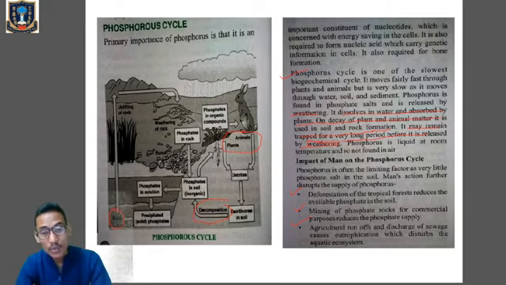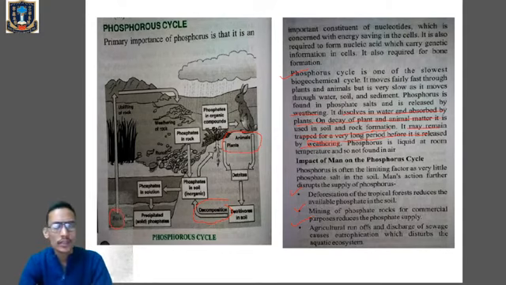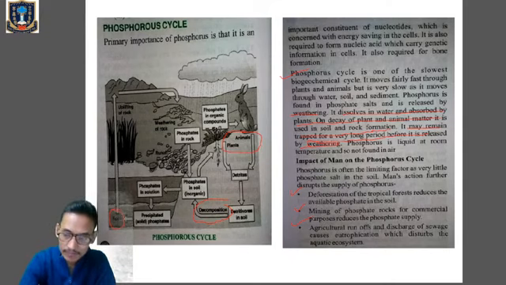That is called eutrophication, and it is simply caused due to the enrichment of the water body by nutrients. Clear? So whenever there is agricultural runoff, the fertilizer that we use in the agricultural fields will be washed away to the nearer water body, which leads to eutrophication. And this eutrophication will disrupt the aquatic ecosystem, leading to the death of aquatic plants and animals.